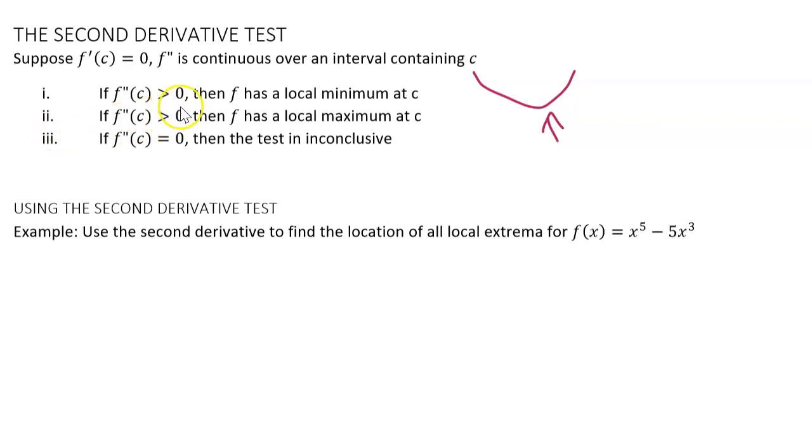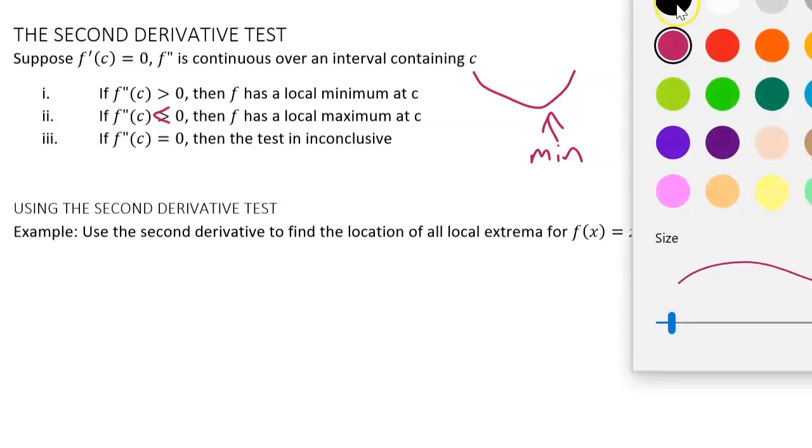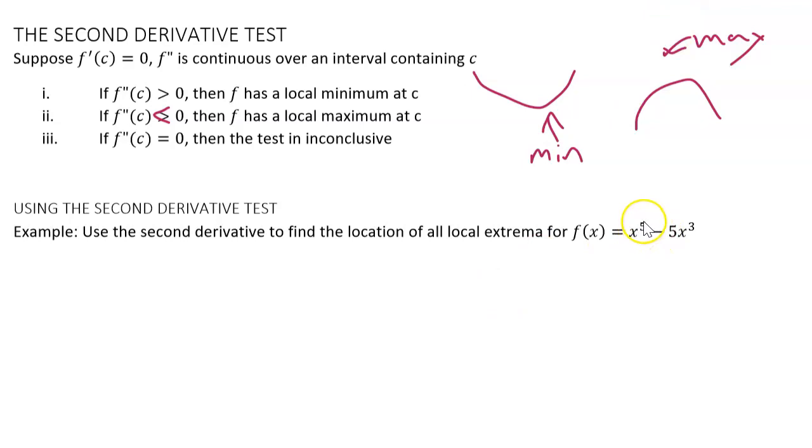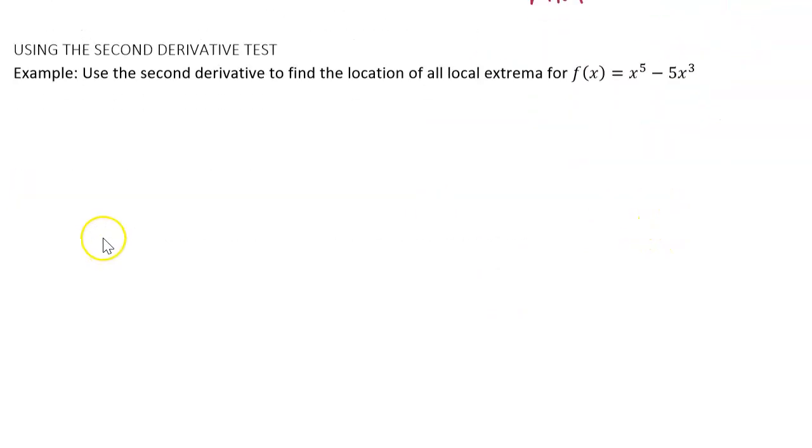If the second derivative is negative, then it's a maximum. And if the second derivative is 0, the test is inconclusive, and you're going to find a different way to identify whether it's a maximum or minimum. So let's apply this algebraically to this quintic, fifth degree function.